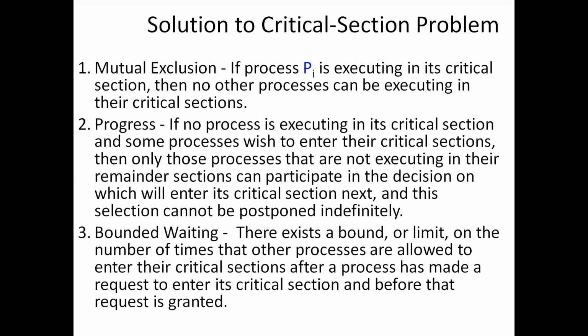Next, progress is if no process is executing in its critical section and some processes wish to enter their critical sections, then only those processes that are not executing in their remainder sections can participate in the competition for which enters the critical section next. This selection cannot be postponed indefinitely. This is another solution to the critical section problem.